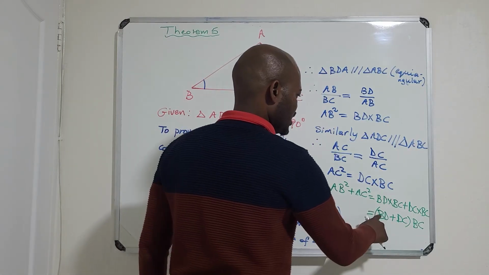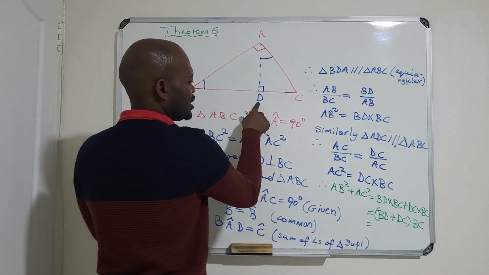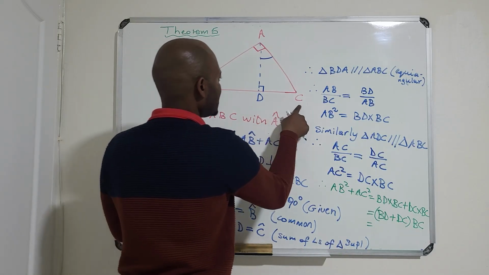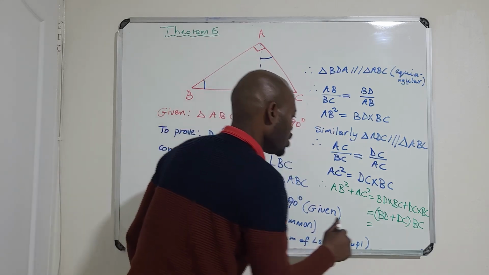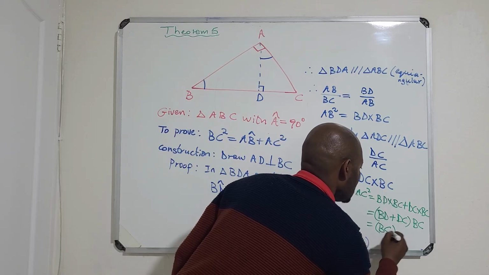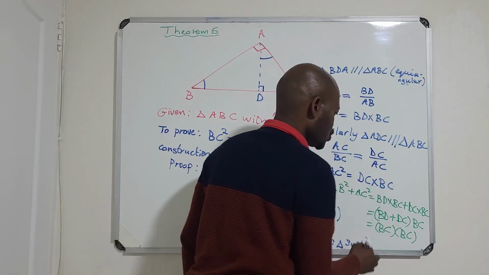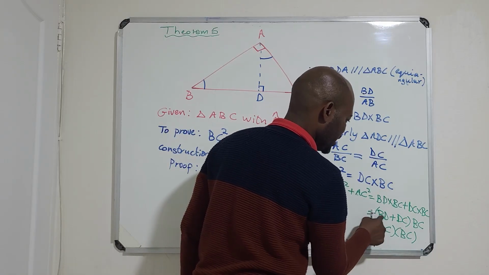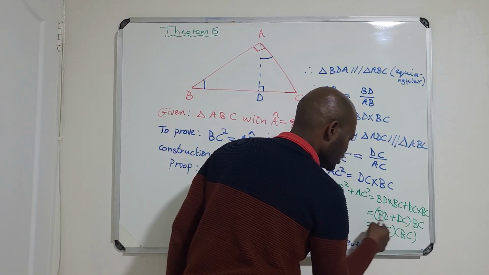Now, what is BD plus DC? BD plus DC. It is the whole of BC. Oh, so it means that here I've got BC times BC. Oh, so this BD plus DC, this is BC.